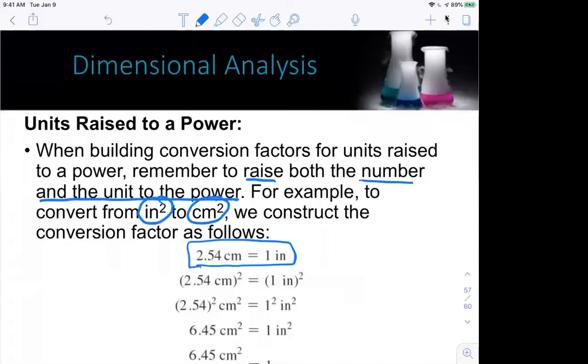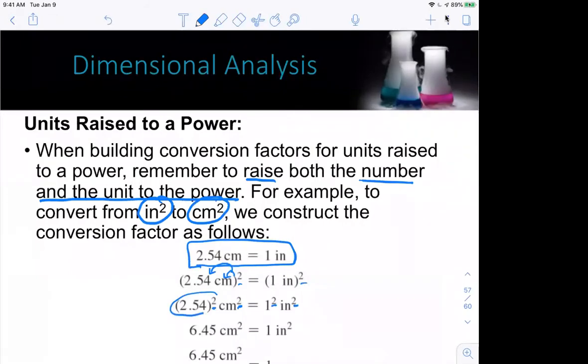I have 2.54 centimeters equal to 1 inch. So let's square both sides, and I put those in parentheses. Well, what that means is I have this squared and this squared. So I get 2.54 squared times centimeters squared, 1 squared times inches squared.